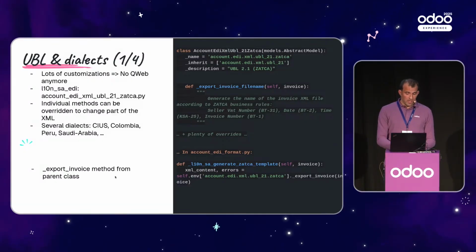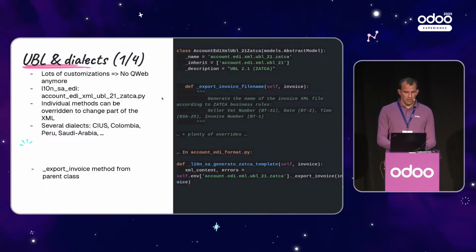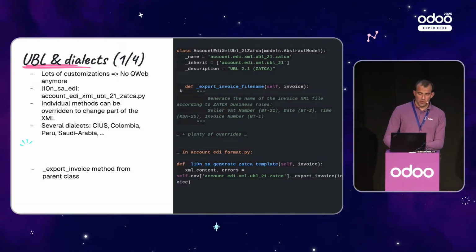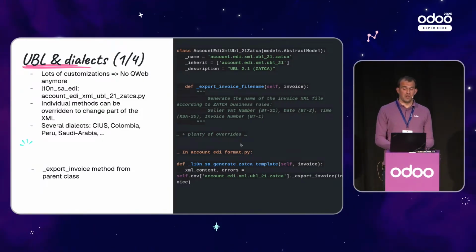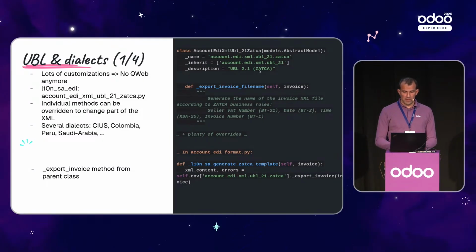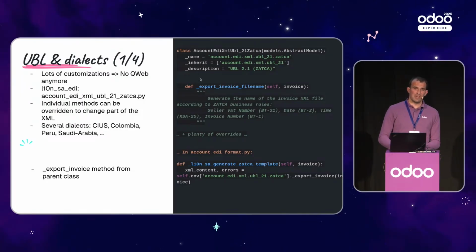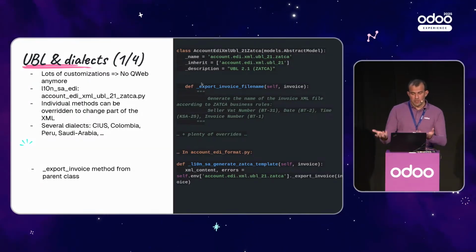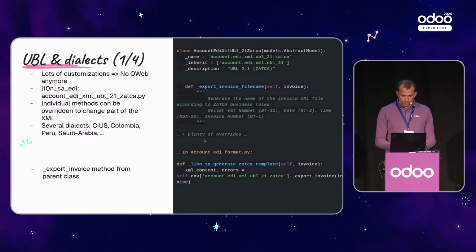It's all in the account EDI UBL CII module, and you can inherit from that class. It's a classic inheritance which allows you to change the behavior in the child class.